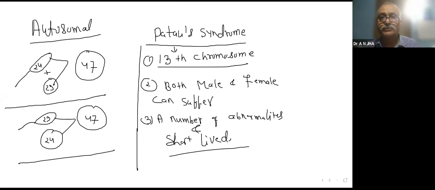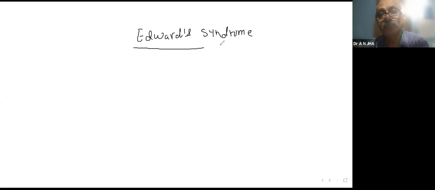Now next, let me conclude this autosomal, then we will come to the sex chromosomal. Edwards syndrome. The 18th chromosome is extra.